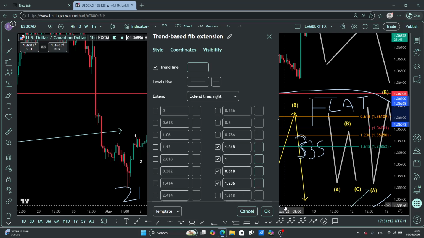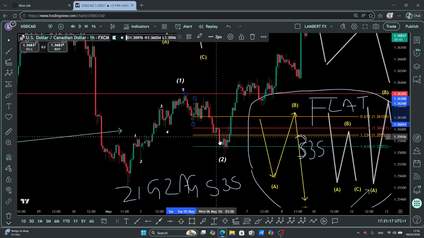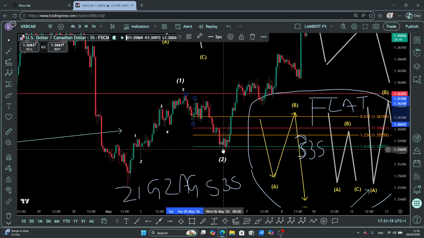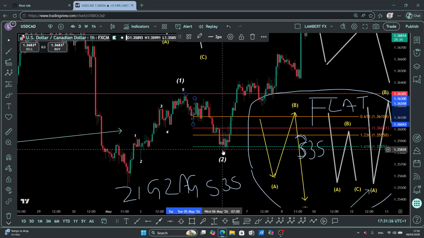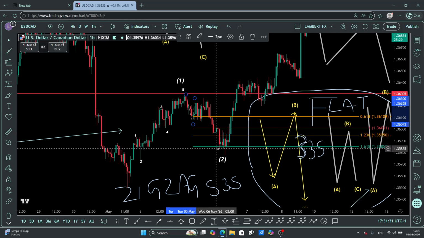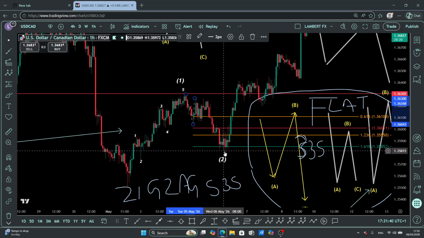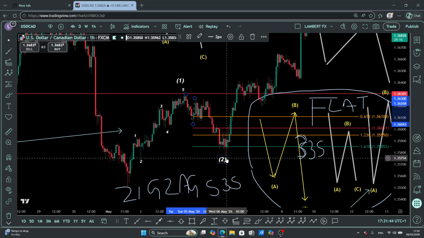The rule is that your correction must not trade below 1.618, which is my green line here. So you should not see a bearish close below 1.618. If you see that, then this is possibly not a corrective pattern. It's possibly an impulsive leg to the downside.